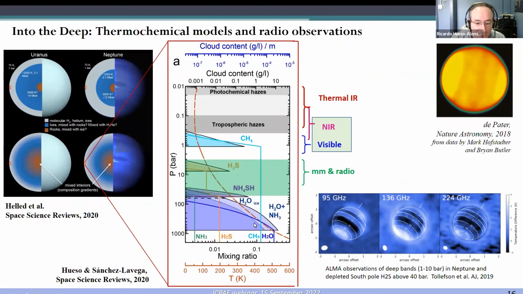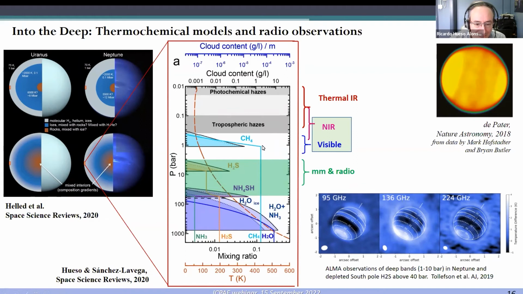And because these condensates are heavier than hydrogen and helium, the atmosphere, the abundances of volatiles, this is methane abundance here, measured in this mixed temperature in the lower axis, here in the horizontal lower axis.